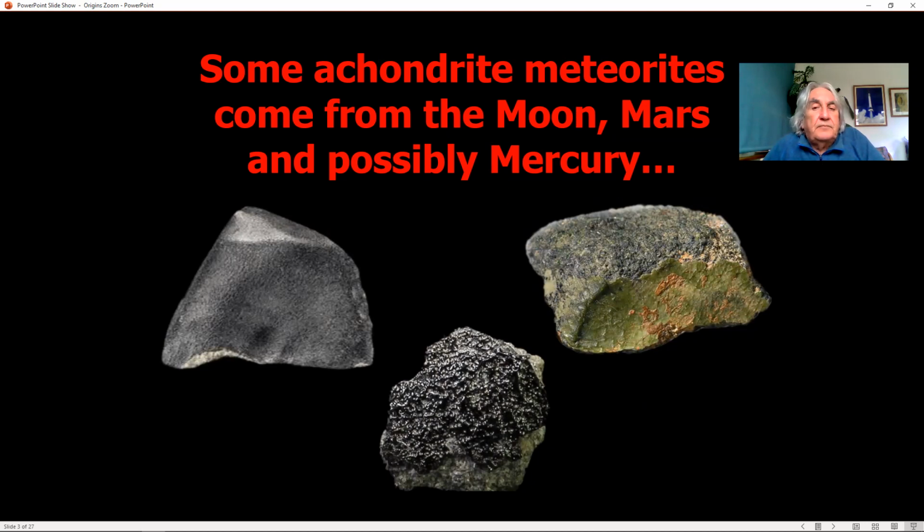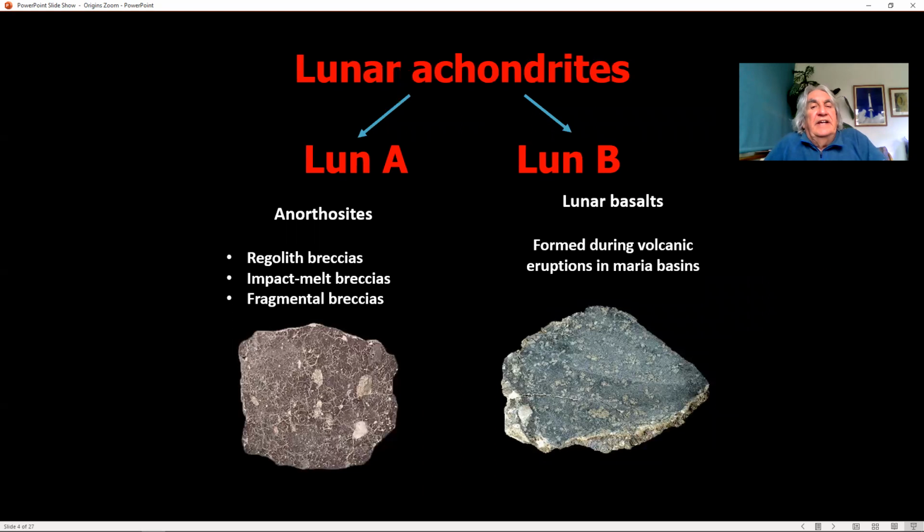If we look at the lunar achondrites first of all, where, again, I'm simplifying this, there are more types of lunar meteorites, but broadly, you have anorthosites, which are mostly made up of feldspar, and tend to have come from the montane regions of the Moon, mountainous regions.